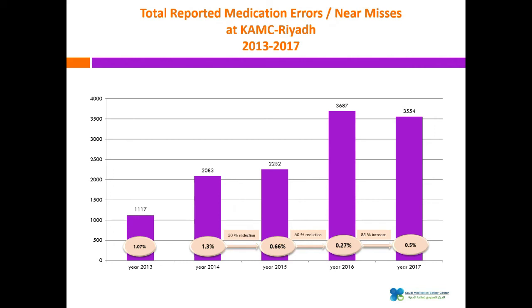Although the number of reports was increasing, this reflects that we have a healthy culture in the organization that is encouraging reporting. The fall in the percentage that reflect harm suggests that we are becoming safer. There was a slight increase in 2017, and we've been working to look into that. Next slide.